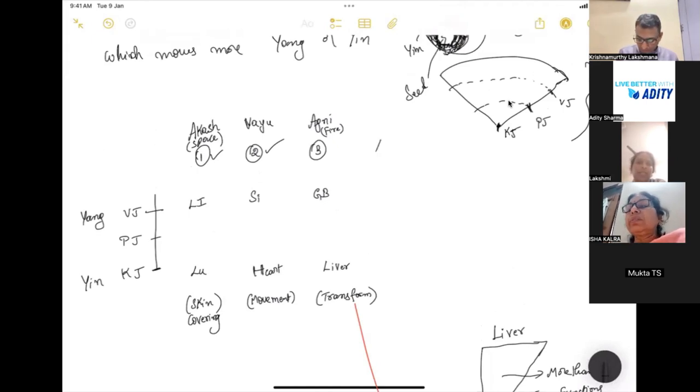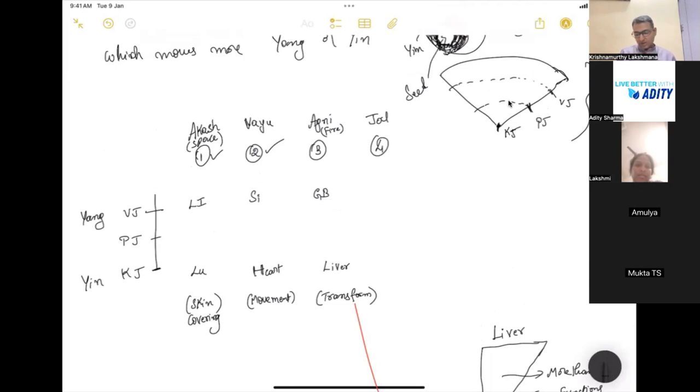So figure number 4, Jal. Which is the organ which manages the water in the body? Kidney. So kidney manages the water, right? So is kidney a yin or yang organ?